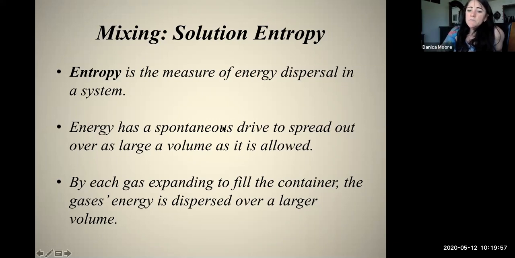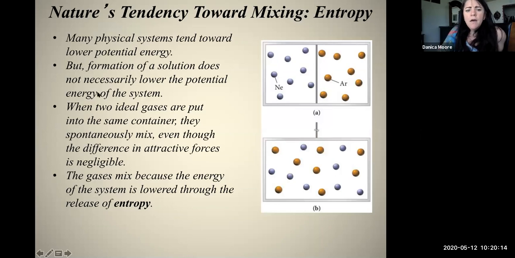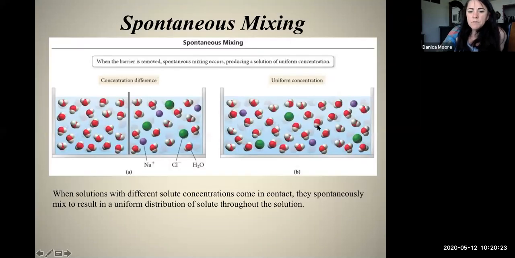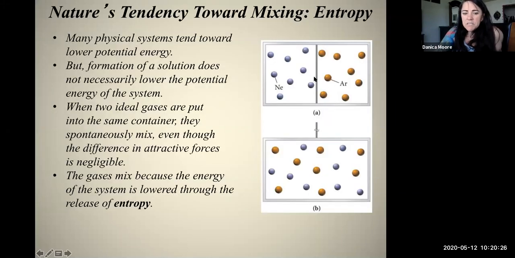So energy has a spontaneous drive to spread out over as large a volume or as many types of systems as possible or as it's allowed. This is also the driving force that makes solutions mix, right? So entropy is what makes mixing happen. If we have two gases separated by a membrane here, and then we remove that membrane, the natural thing that's going to happen without us doing anything is those gases are going to mix evenly, right?